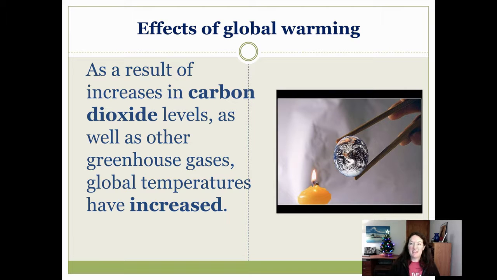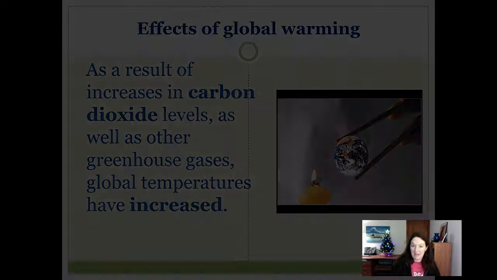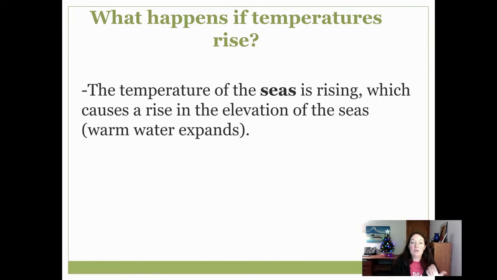So that is the initial effect. You just have this increasing overall global temperature. As a result of that, you have the temperatures of the sea rising. Water, if you remember from physical science or chemistry class, when you take water and you boil it, it goes from being a liquid to a gas, and it's actually causing the molecules to expand.